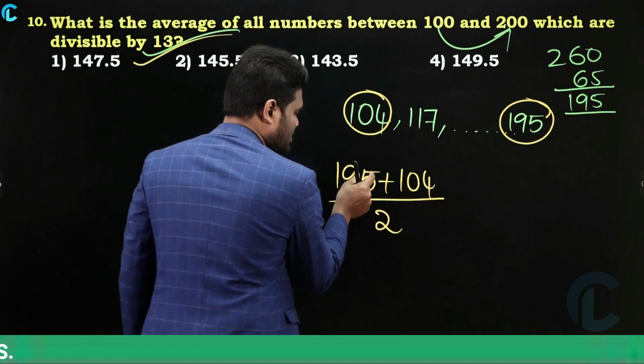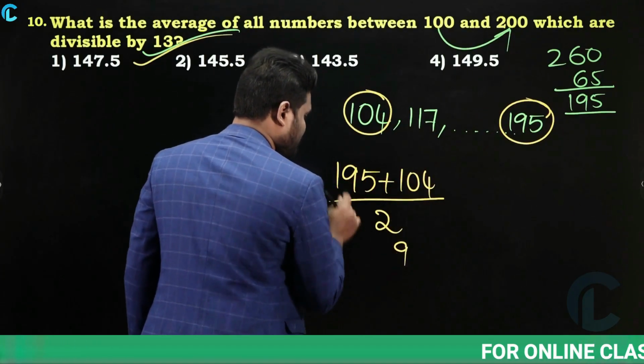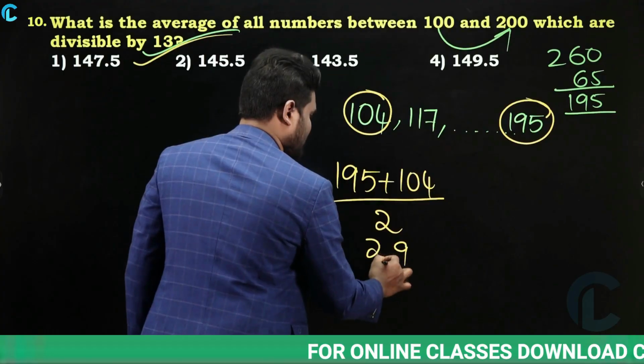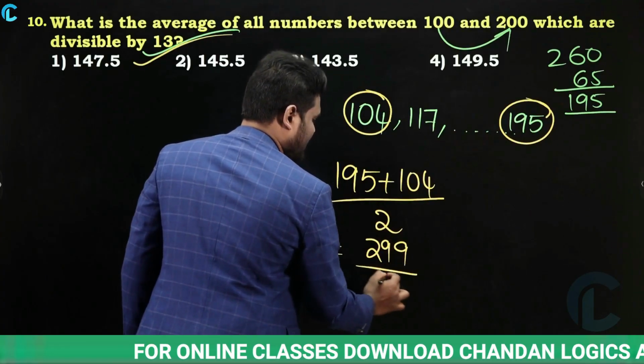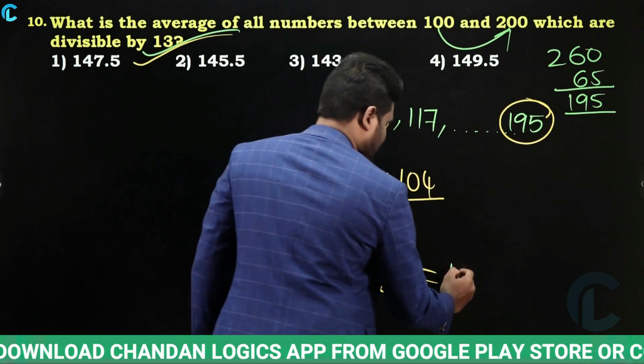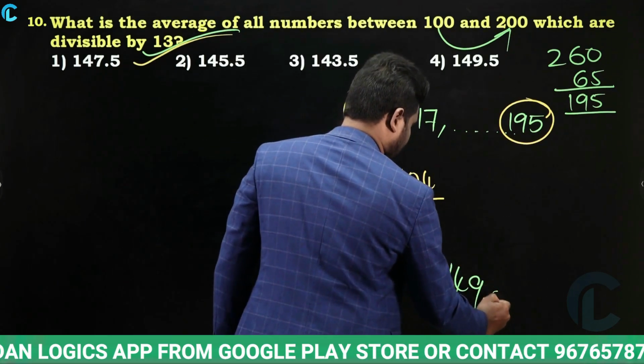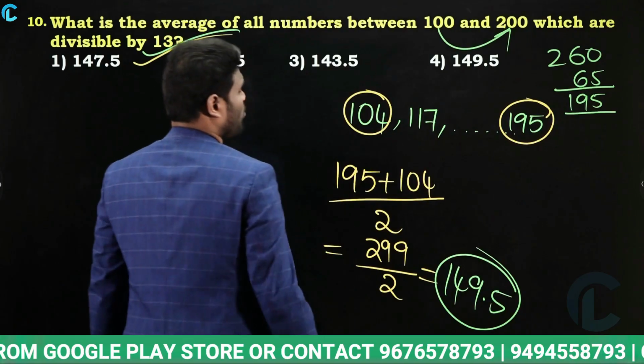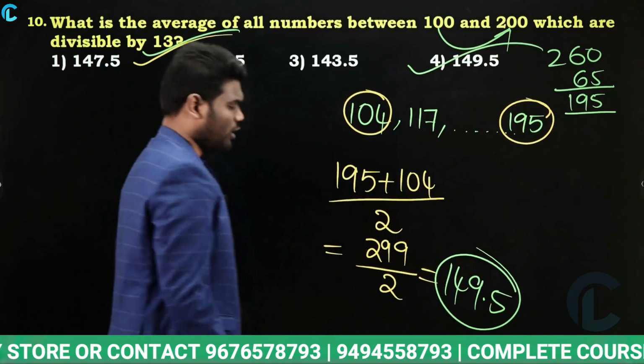When you add these numbers, 5 plus 4 is nothing but 9, 19 plus 10 is nothing but 29, 29 by 2. Now this is going to be how much? 149.5. Yes or no? 149.5, which is option 4.